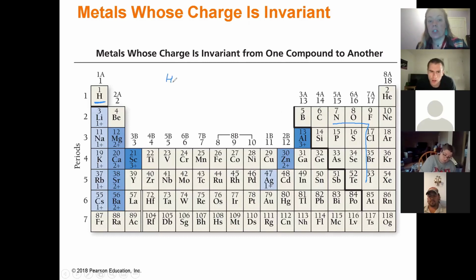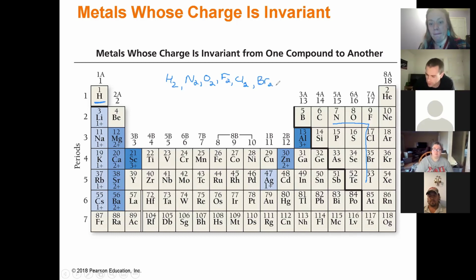So it'll be H2, N2, O2, F2, Cl2, Br2, and I2. So if you know those, those are all the diatomics. Everything else is atomic.